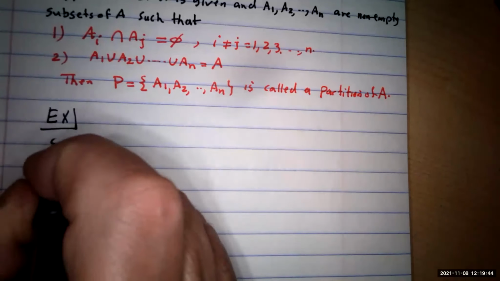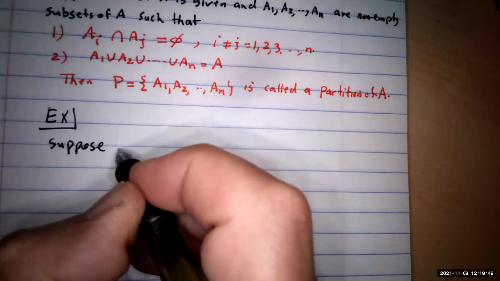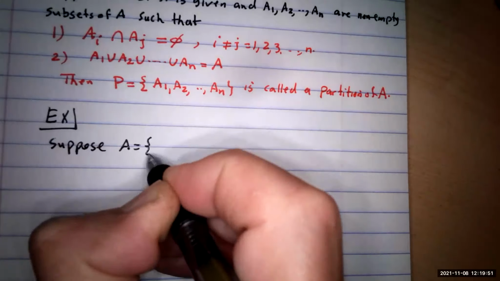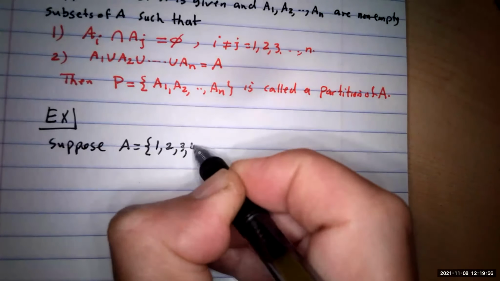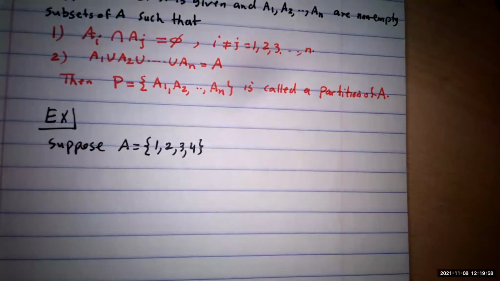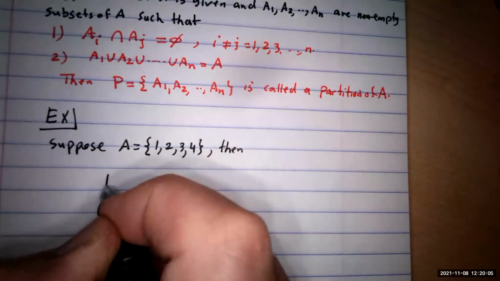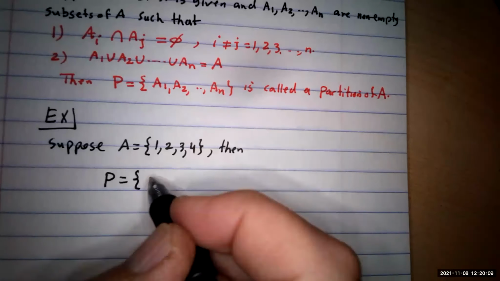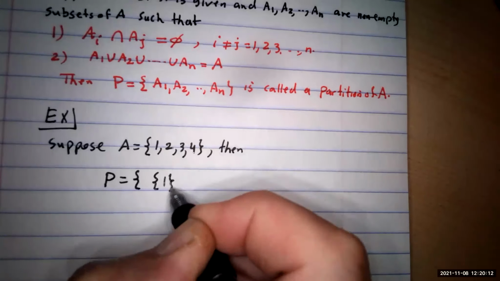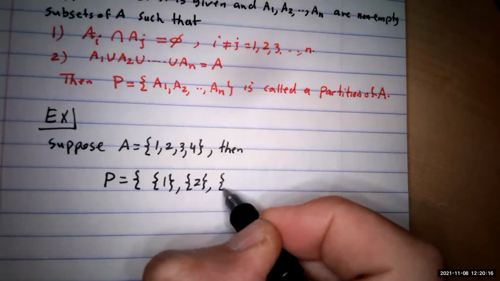So there you are. Suppose the set A is going to be 1, 2, 3, 4. That's set A. Look at this partition on these sets. The sets are singleton 1, 2, then 1, 2, and 3, and 4.